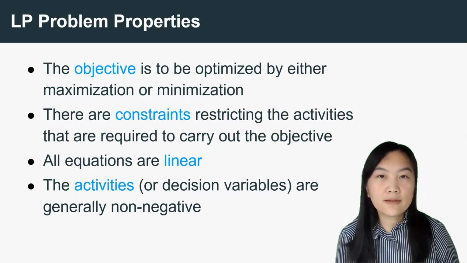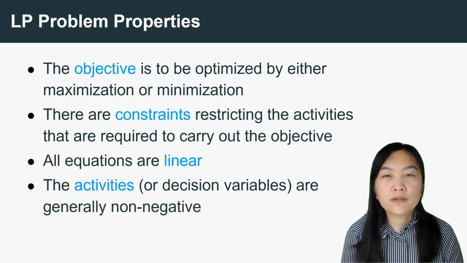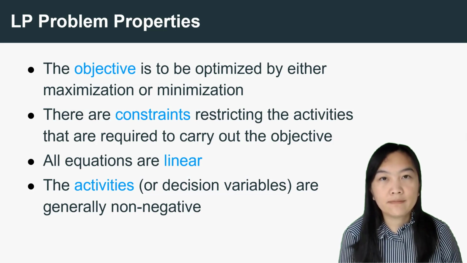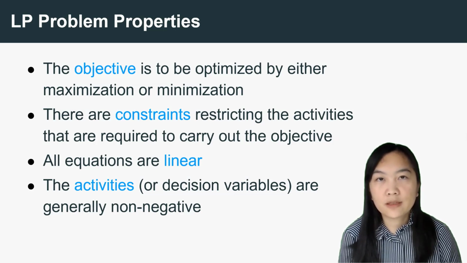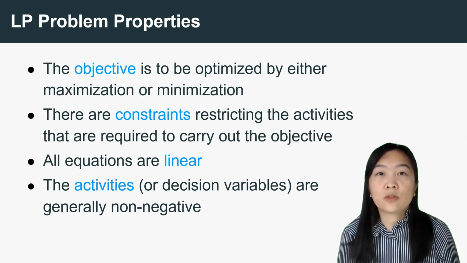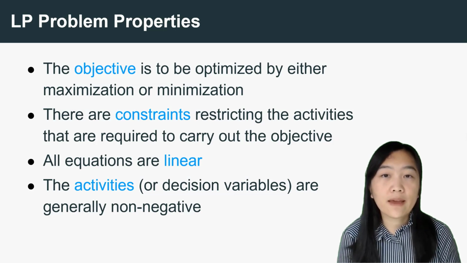And there will be constraints. Usually the constraints are, for example, you only have this amount of resources or inputs available. If that is a constraint limiting your production, then what is the optimal objective function value that you can get?